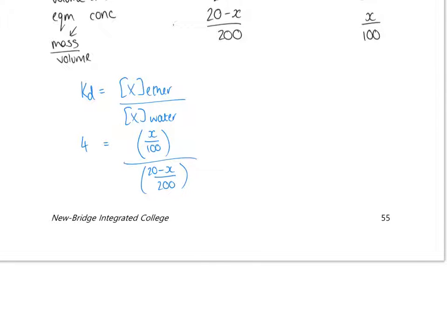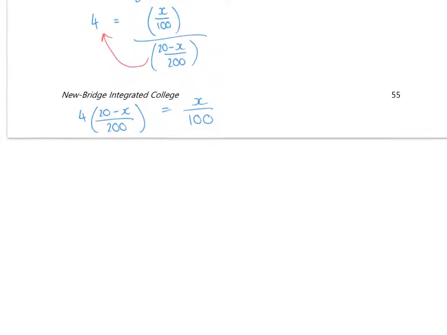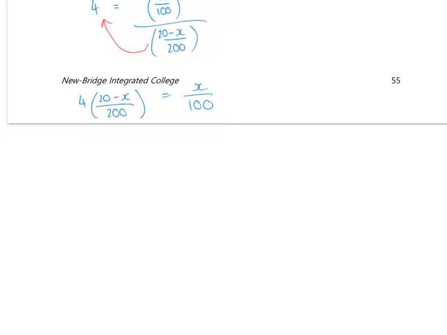Okay, so what we want to do is move this to the other side of the equation to make it a bit simpler. So it's divided on the right, so it's going to be multiplied on the left. And so we're going to have 4 multiplied by 20 minus X over 200 is equal to X over 100. Multiplying out this bracket, we get 4 times 20 is 80 minus 4 times minus X, which is 4X, over 200 is equal to X over 100.